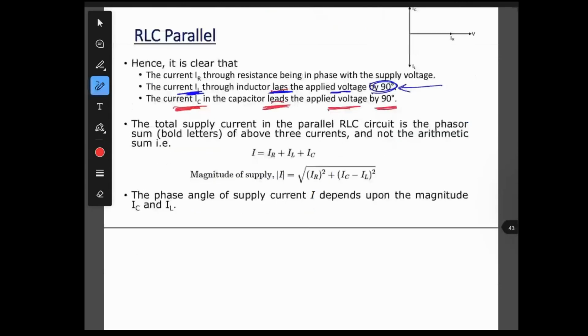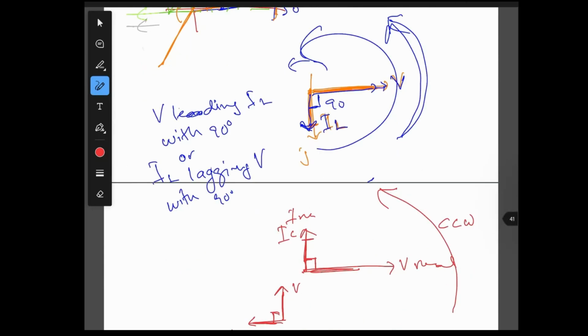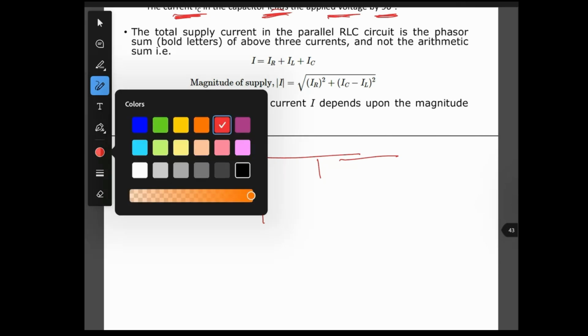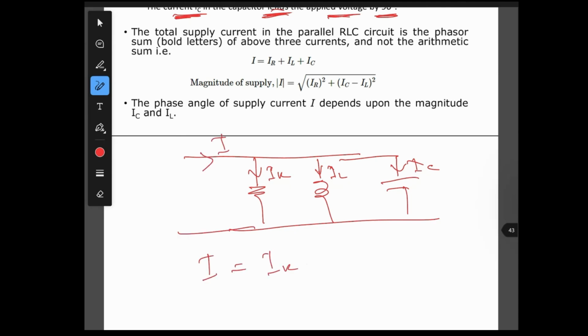Okay, again, IR, IL, IC. I total. So I equals IR plus IL plus IC.